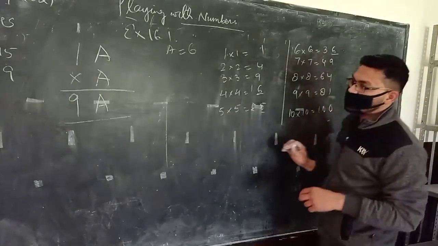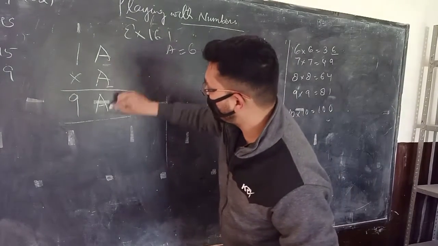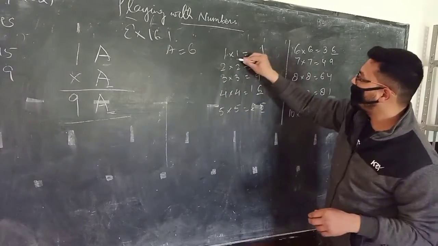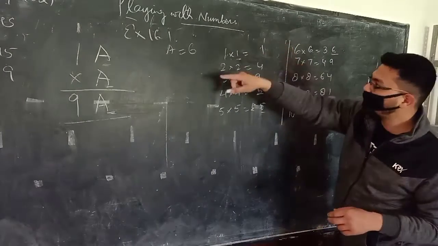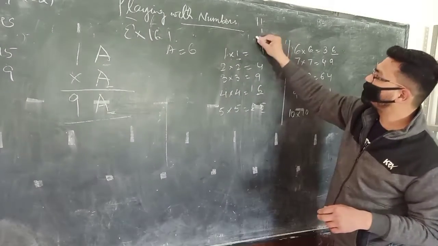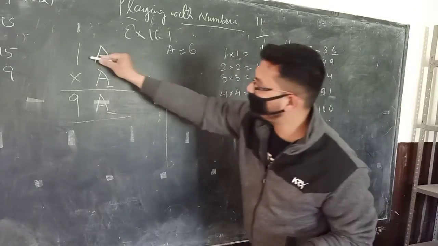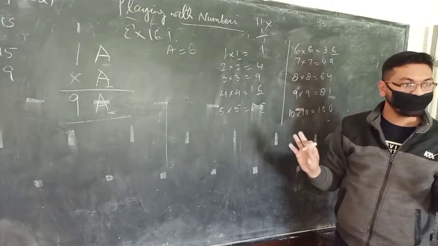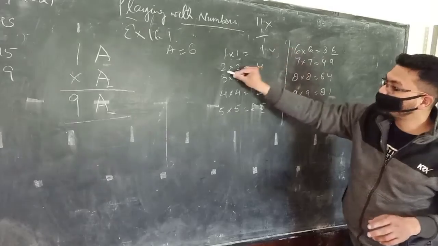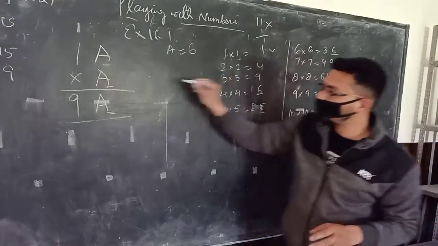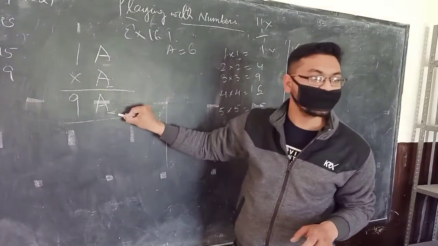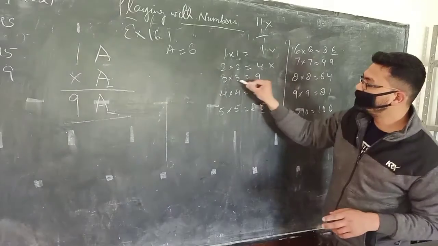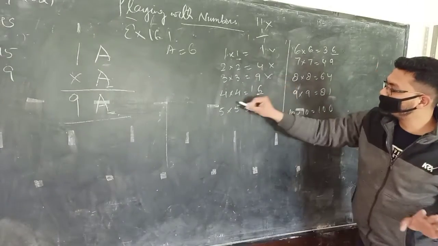How many instances are there where these three values are the same? See, 1 1s are 1. So it can be 11 into 1, which cannot be possible because 11 into 1 is 11, right? So this can't be the answer. Okay. Now 2 2s are 4. This cannot be the answer because 2 2 and here is 4. 3 3s are 9. It can also not be the answer.